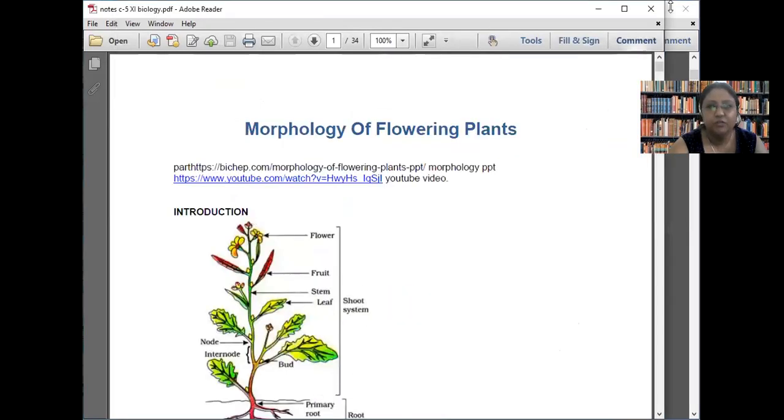So what is this compound leaf? What type of leaves are called compound leaves? All these ideas we are going to get during the study of this chapter. So without much wastage of time, we will move ahead with the chapter called Morphology of Flowering Plant.